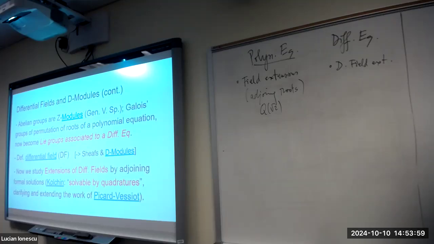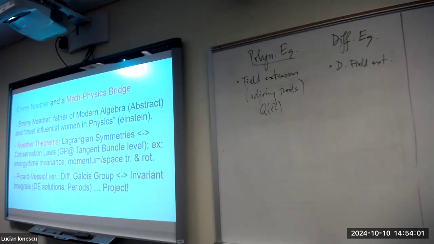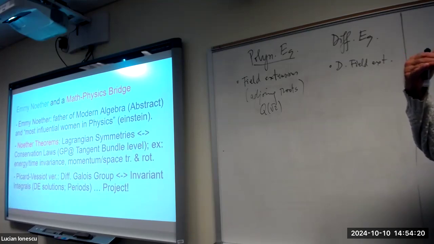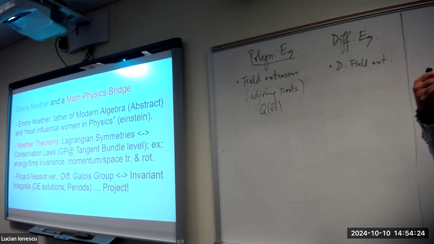So I'm almost out of time, so I'll just mention Noether and her contribution joining mathematics and physics. Again, using this Galois principle that if you want to study a physical system, then look at its symmetries.